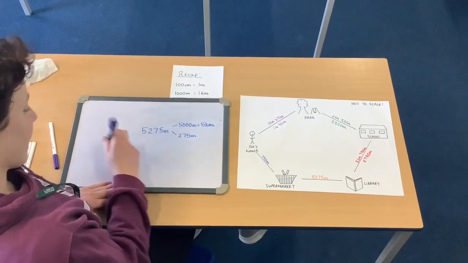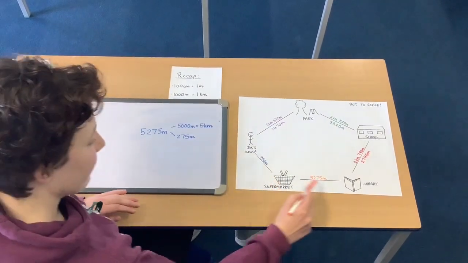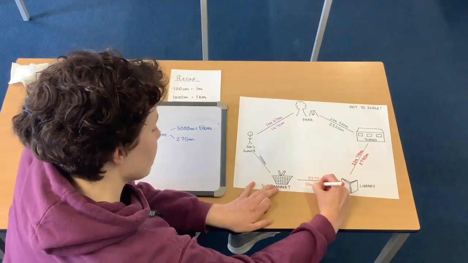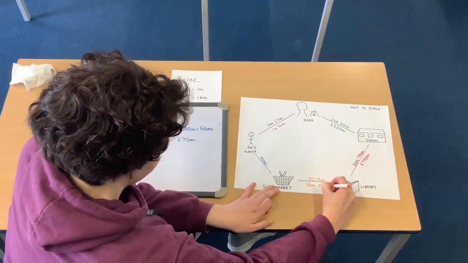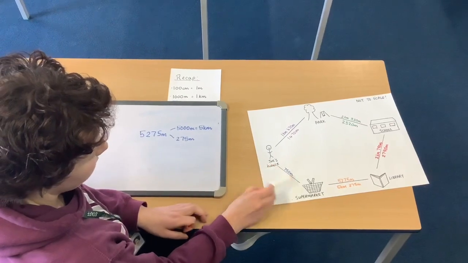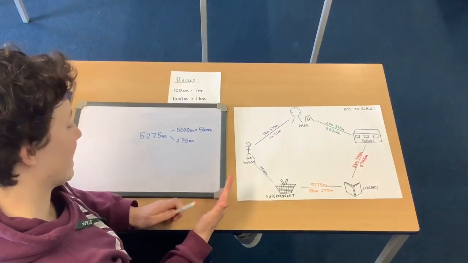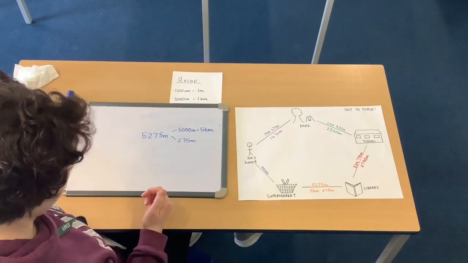So I can say that this distance here is equal to 5 kilometres, 275 metres, and from Joe's house to the supermarket we have got just metres because it's less than 1,000, so it's less than 1 kilometre.